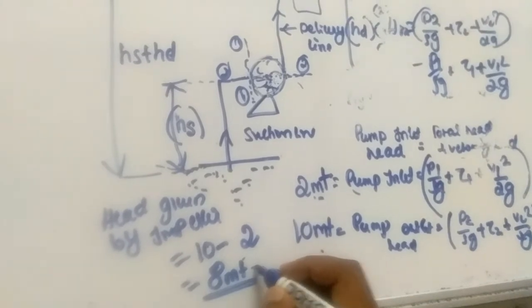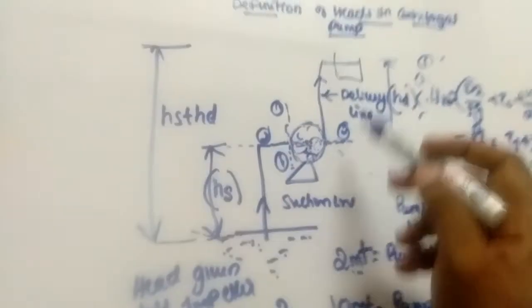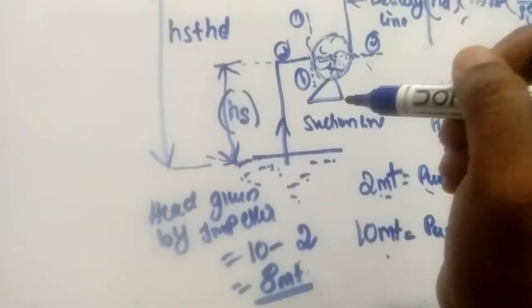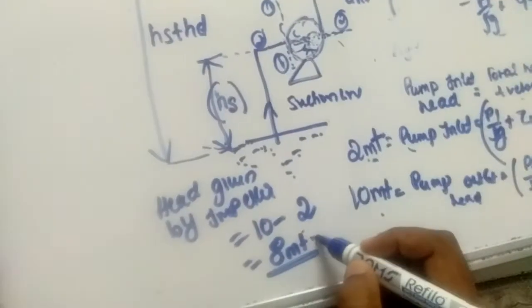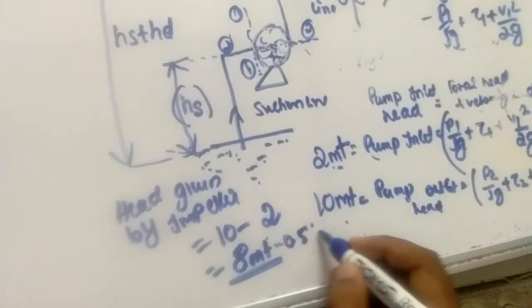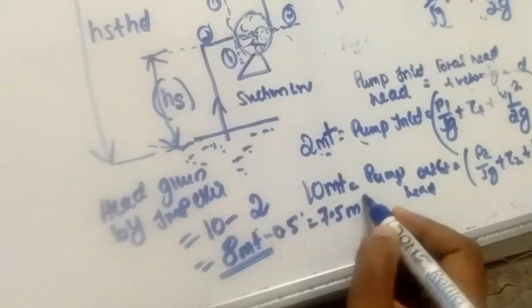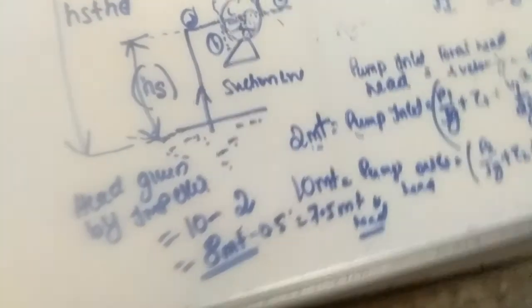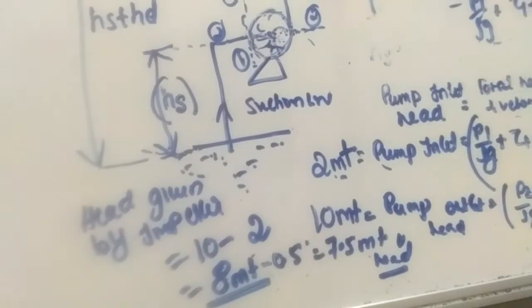The losses are very small, say 0.5 meter. So the final answer is 7.5 meter of head, in terms of water.